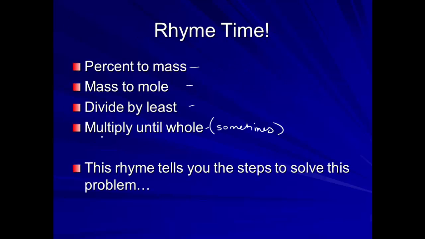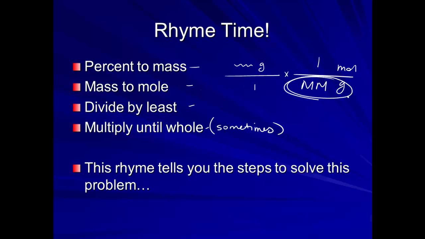So the next step is mass to mole. If you think about stoichiometry, if you have some certain number of grams, and you want to convert from grams to moles, you put a 1 on top in front of moles, and you put the molar mass in front of grams. So I want you to think throughout this lesson that to go from mass to mole, you divide by the molar mass. I'm not always going to show this full work here.